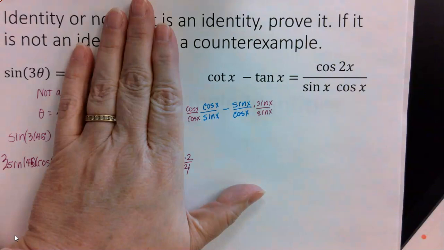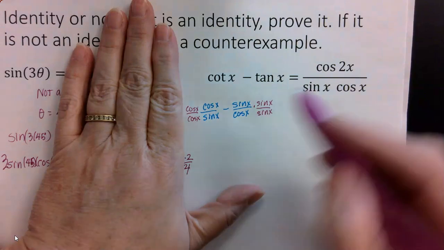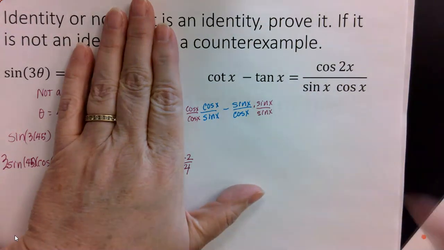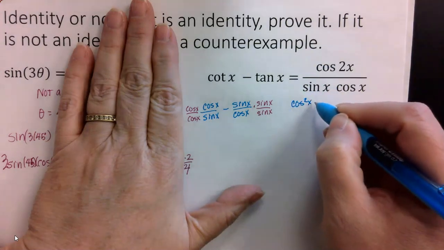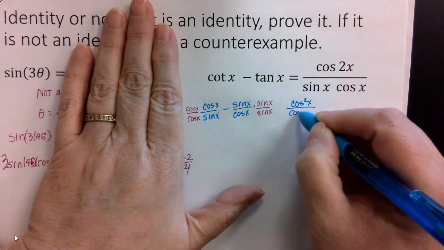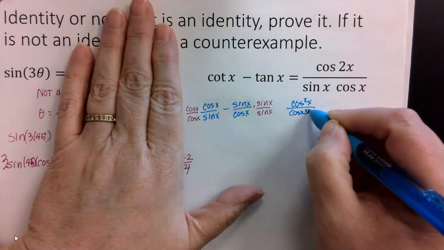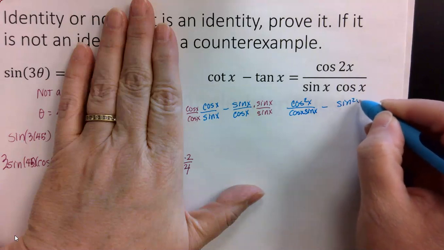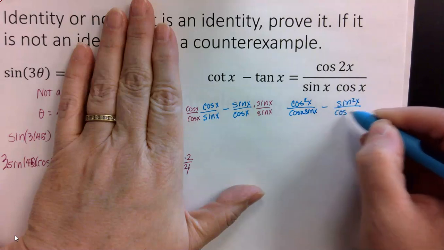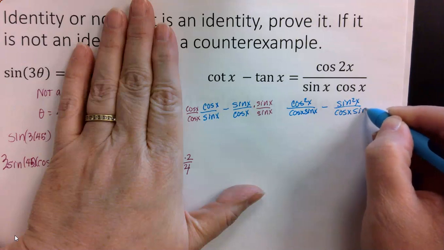Now when I do that and put those together, I have cosine squared x over cosine x sine x minus sine squared x over cosine x sine x.